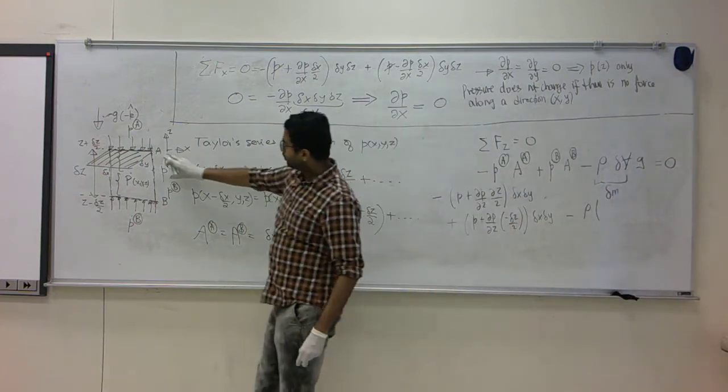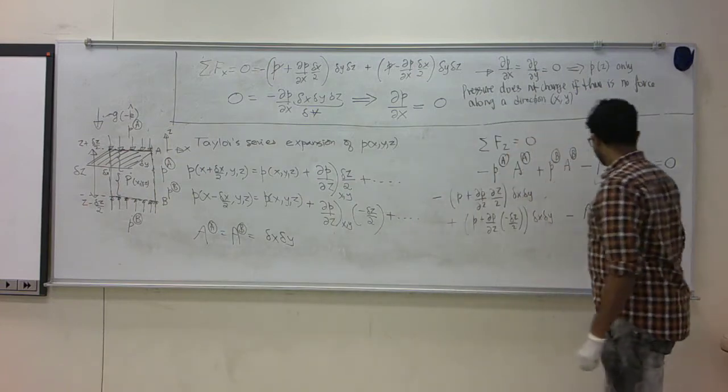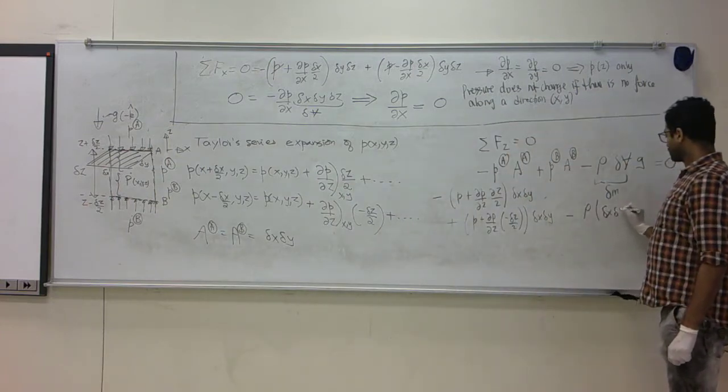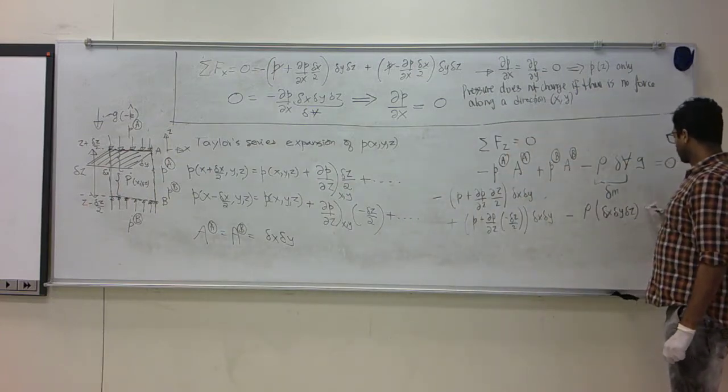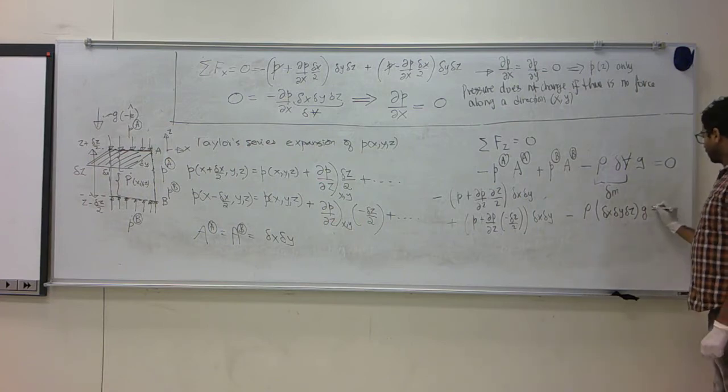That would be the volume of this cube, which is delta x delta y delta z, times gravity equals 0.